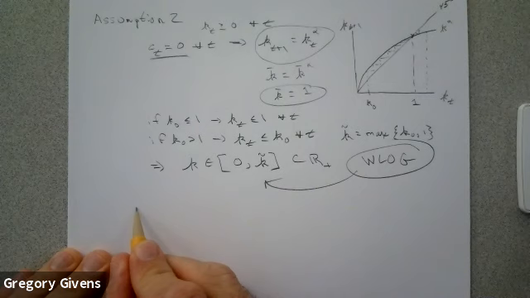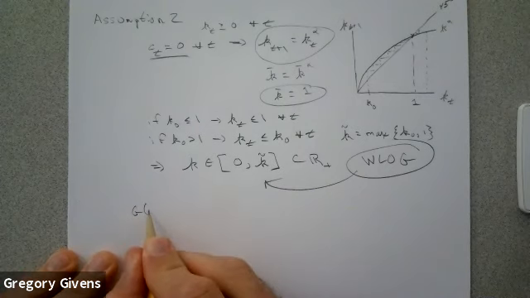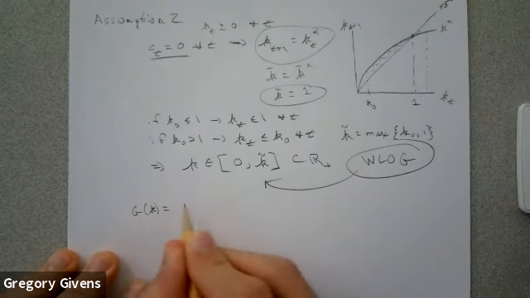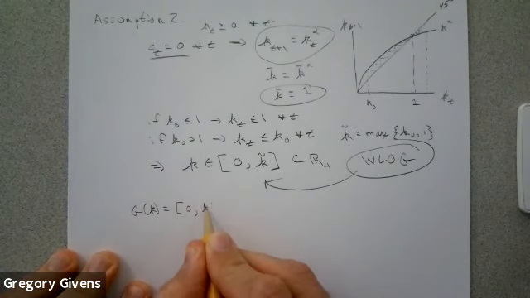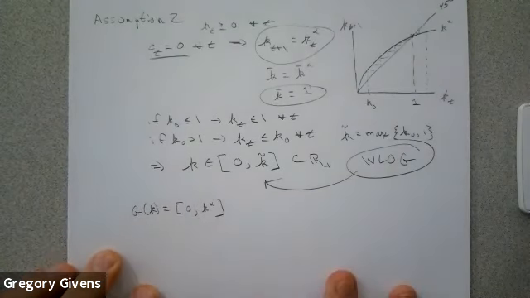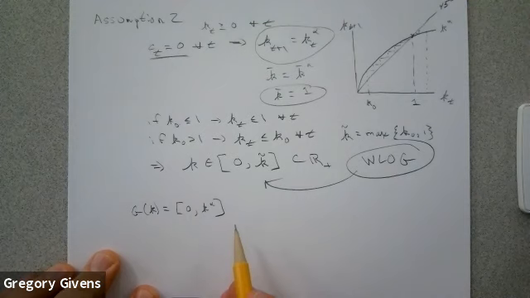Now you'll recall that g of k was 0 comma k to the alpha. That is a non-empty valued constraint correspondence, unless k is just equal to 0 forever, which it won't be. It's also continuous.